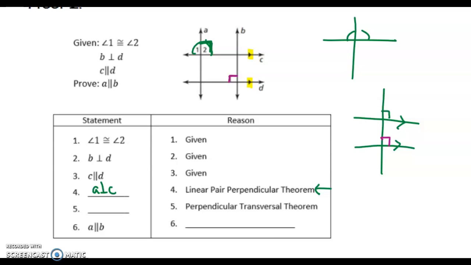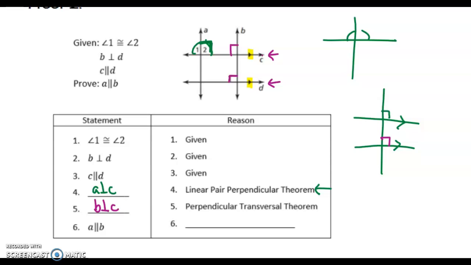All right, so if you look at this, we have C is parallel to D. So right here, C is parallel to D. D is perpendicular to B, therefore C must be perpendicular to B. So C must be perpendicular to B, or if you want to say B is perpendicular to C, it doesn't matter the order. C perpendicular to B or backwards, B perpendicular to C.